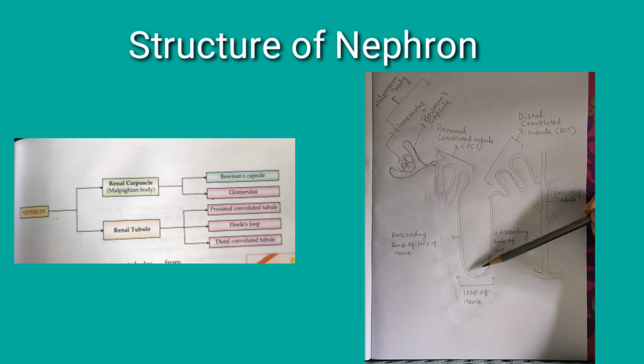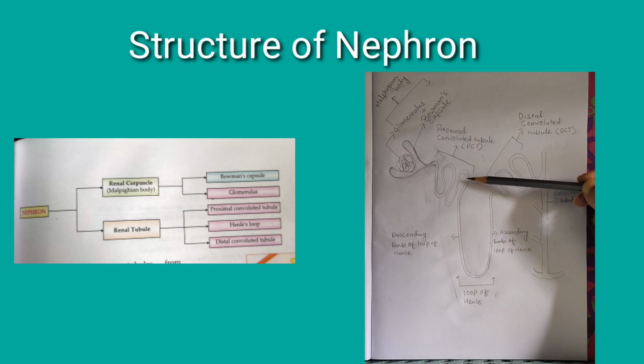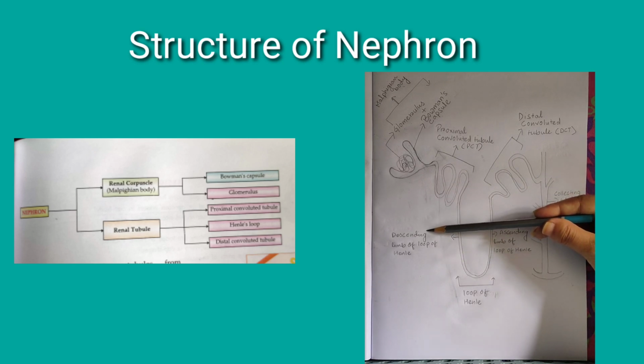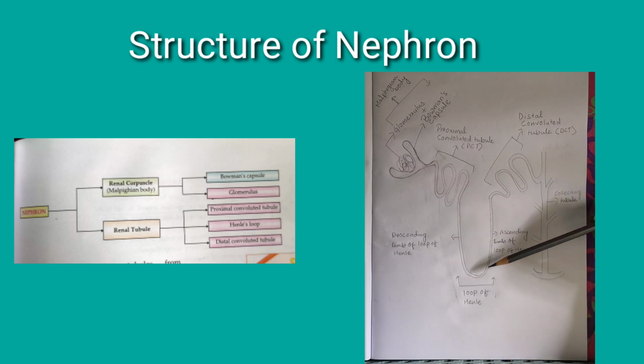Then you have the loop of Henle. The loop of Henle can be differentiated into two parts. The tube which is descending downwards is known as the descending limb of the loop of Henle, and the one which is ascending upward is known as the ascending limb of the loop of Henle.